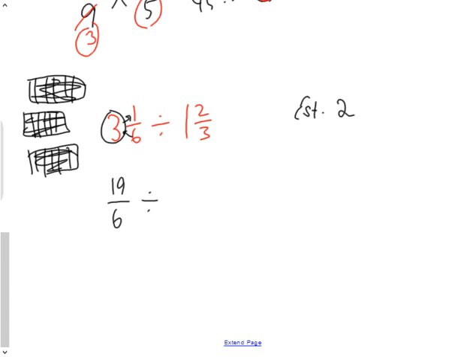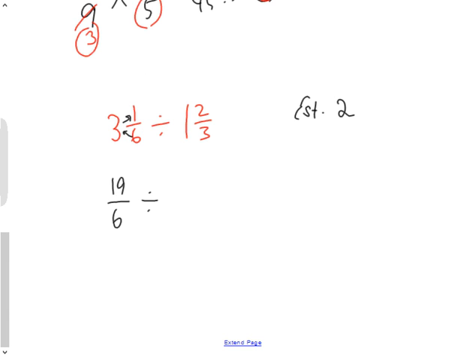So that 3 for that whole number is really 18/6. There's 6 here, 6 here, and 6 here. There's 18/6 that make up that 3, plus an additional 1/6 right here. Let me backtrack here. So that 3 1/6 is really 19/6.